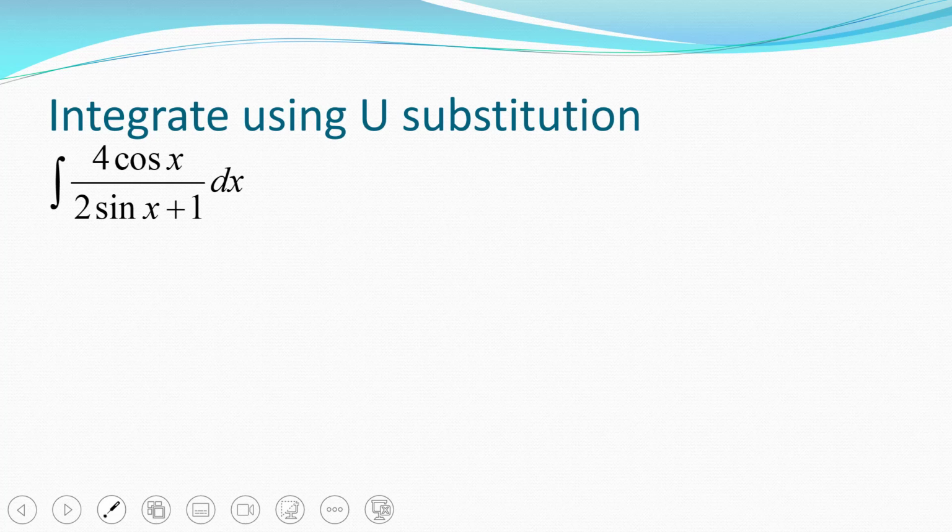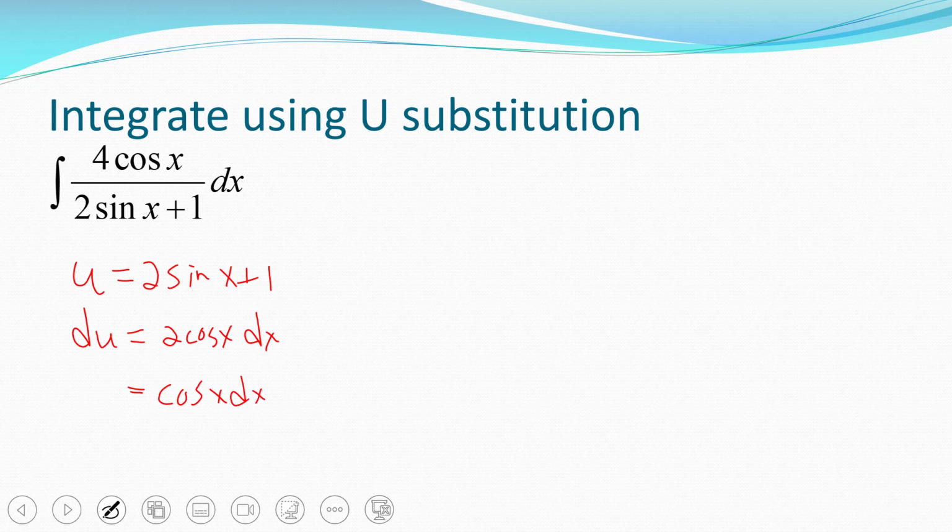I want to integrate this by using u substitution. So to do so, I would let u equal 2 times the sine of x plus 1. Then du is the derivative of u in terms of x, which is 2 cosine of x, multiplied by dx. I'll now rewrite this as the cosine of x dx, and I'll multiply by a half on both sides.